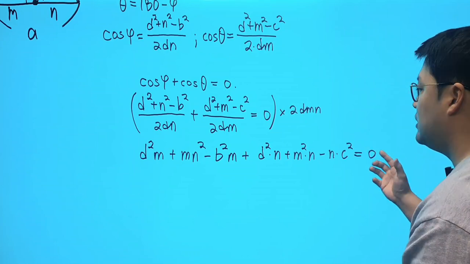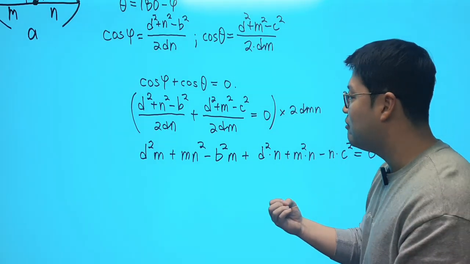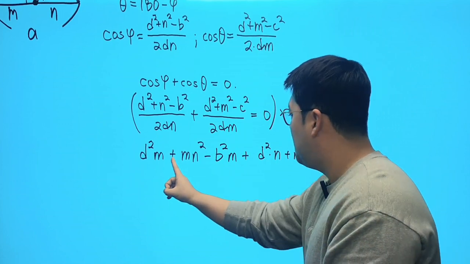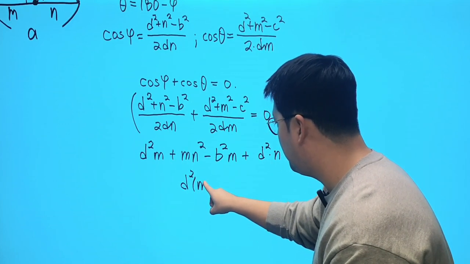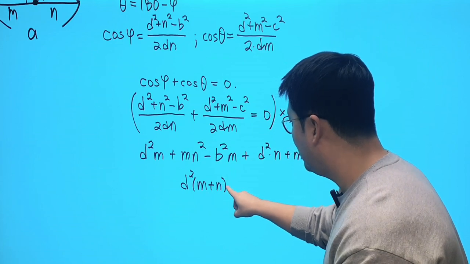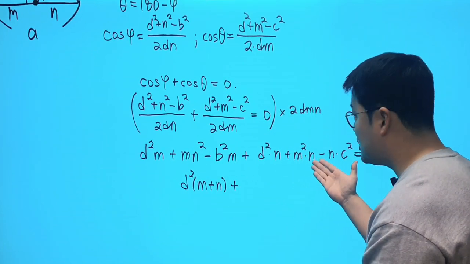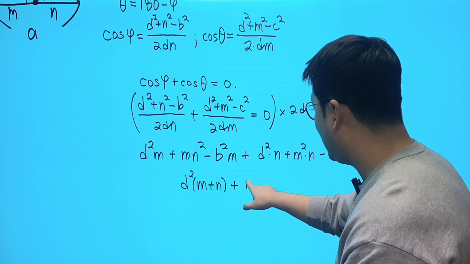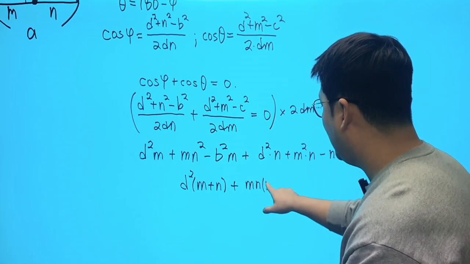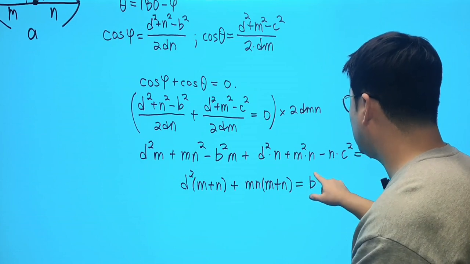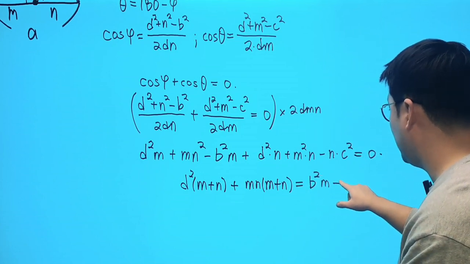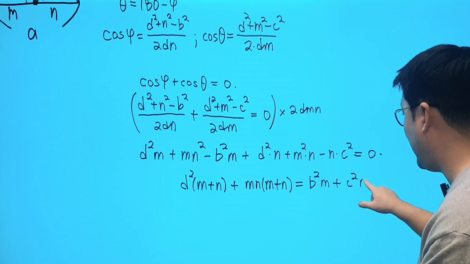Okay, so let's combine what we have. We have d squared times m plus n, and we have mn squared plus m squared n, which becomes m times n times m plus n, so that equals b squared m plus c squared n.